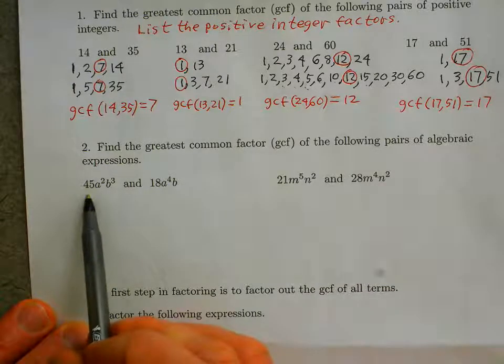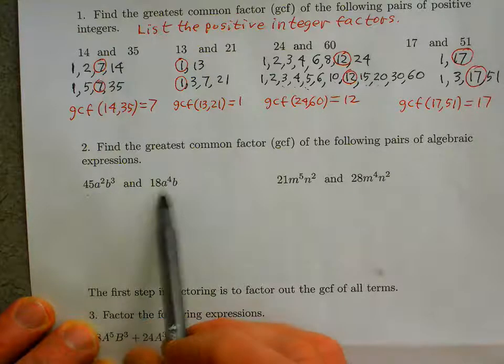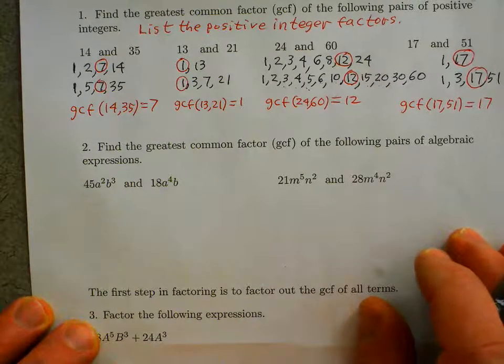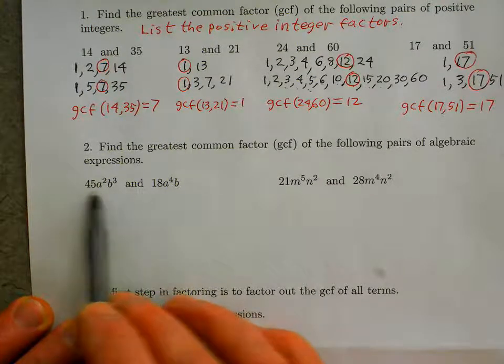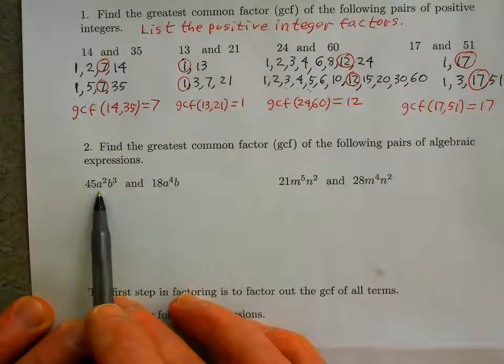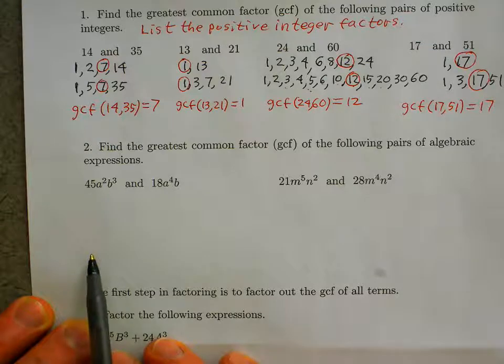So we want to find the greatest common factor of 45a^2b^3 and 18a^4b. I'm not going to list all of the factors of each, it would take up too much space.